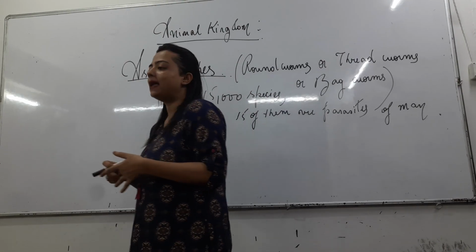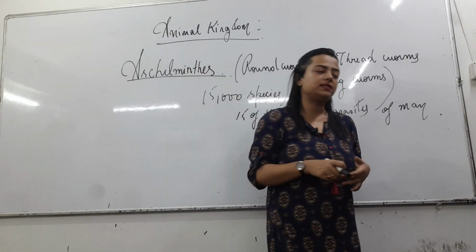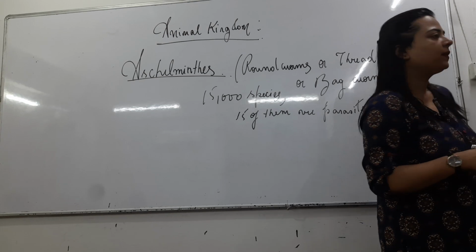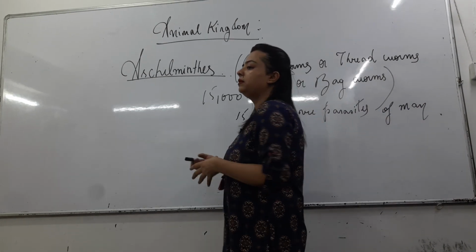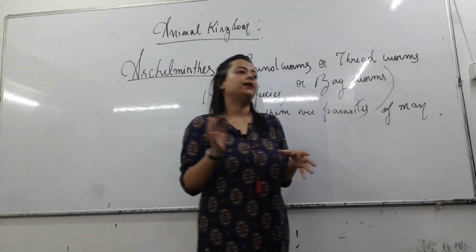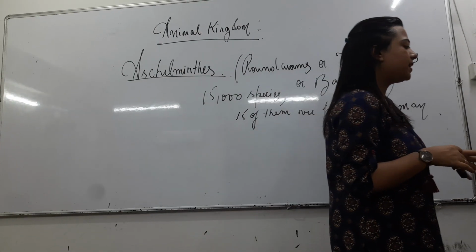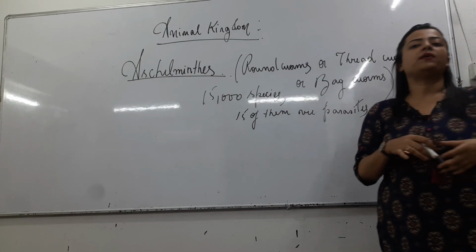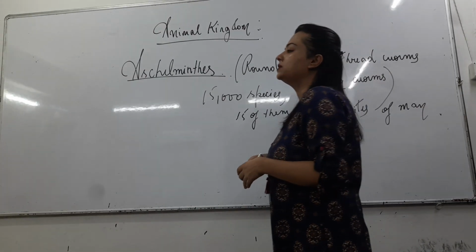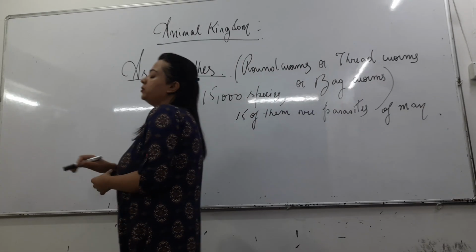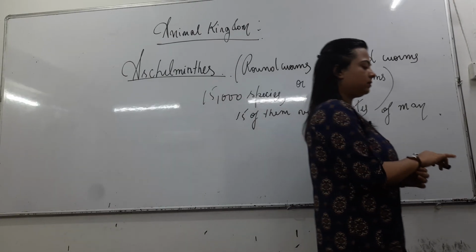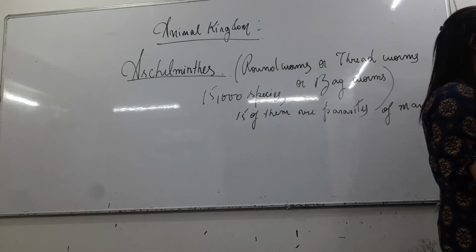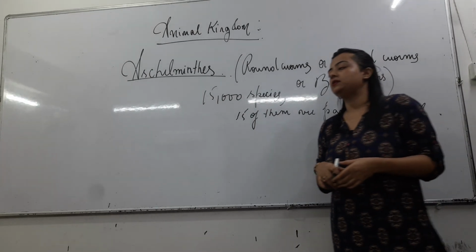Animals living on land. They may be aquatic or terrestrial, either free living, that is they exist independently, or parasitic in plants and animals.